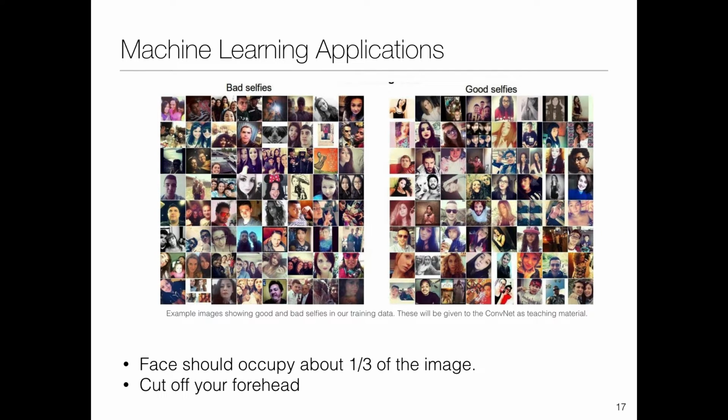There have been some very funky, cool applications. How do you build good selfies? Someone did a very nice post, you should read about that. Those who are concerned about selfies should look at this: you should cut off your forehead and your face should occupy 1/3 of the image. This was a system which looked at the ratings of images, maybe Instagram or one of the other similar social networks, and they figured out what the features are which make a selfie good.